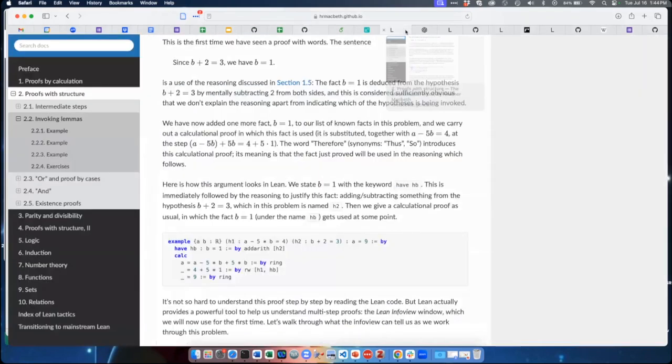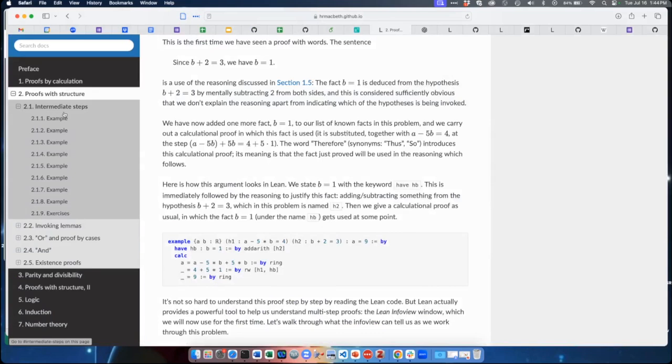Mechanics of proof, we just wrapped up chapter 2.1, intermediate steps. So you can see we did one example. There's 8 more you can look at, and you can dig into these. This will help really train your theorem proving skills, okay?